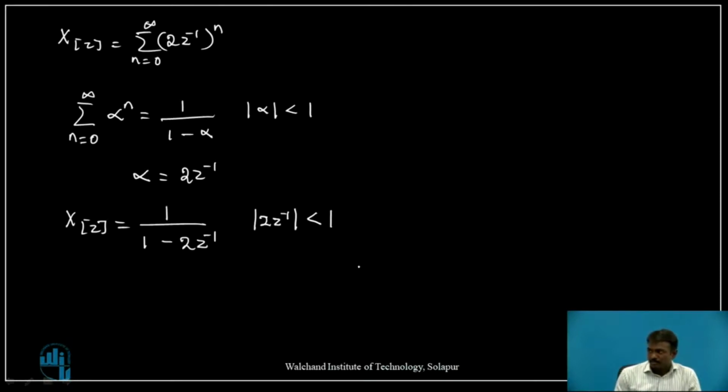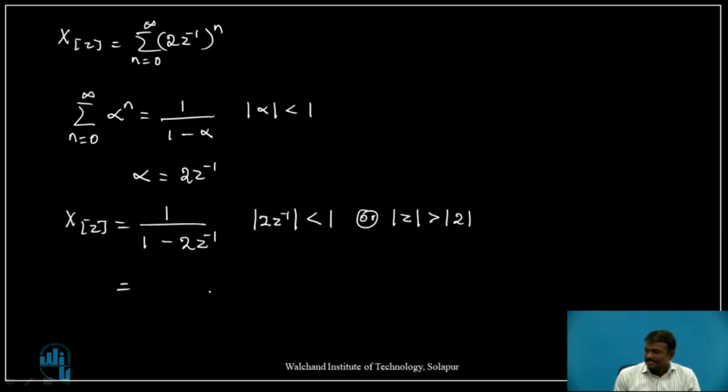In other words, this can be written as mod z is greater than mod 2. This can be achieved by multiplying both right hand side and left hand side by z here.